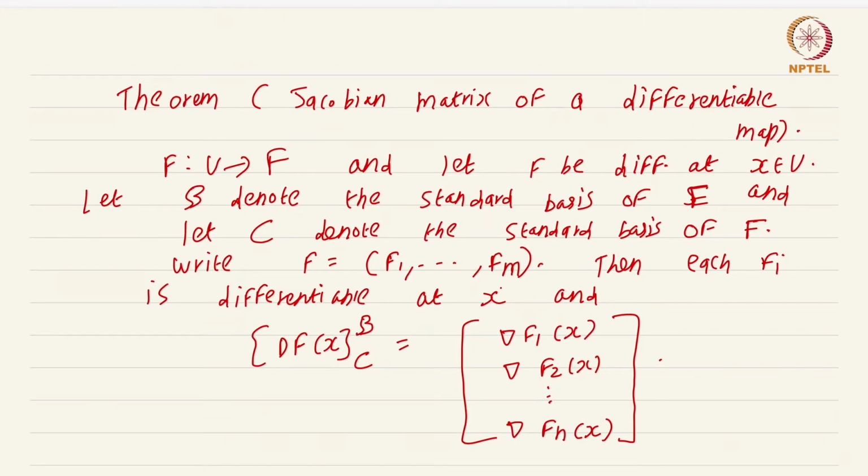So the various rows of this matrix are going to be gradient of f1, gradient of f2, dot dot dot gradient of fm at x. Okay, so this matrix is called the Jacobian matrix.